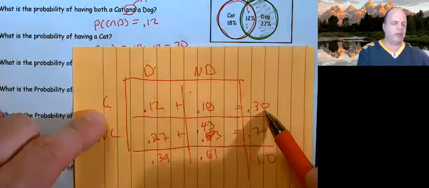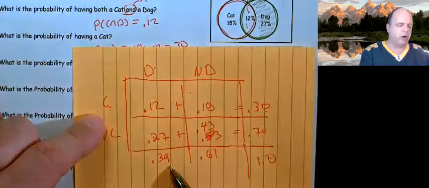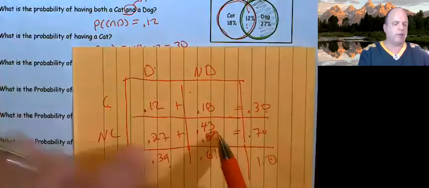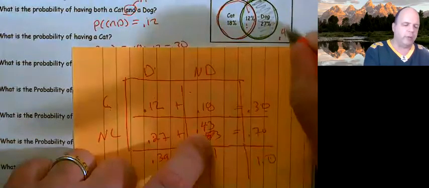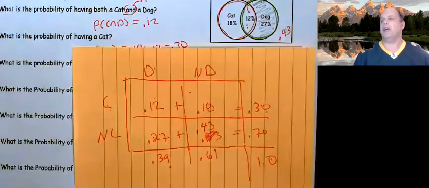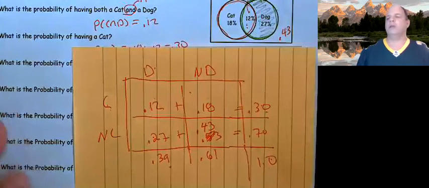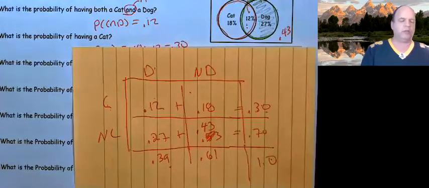There's a 30% chance that we'd have a cat, a 39% chance we'd have a dog, a 12% chance we'd have a cat and dog, a 43% chance that we'd have neither, and I should have written that up there earlier when we calculated that, because we did calculate that earlier. All right. And the nice thing about the table is it's going to help us with our next couple of problems.